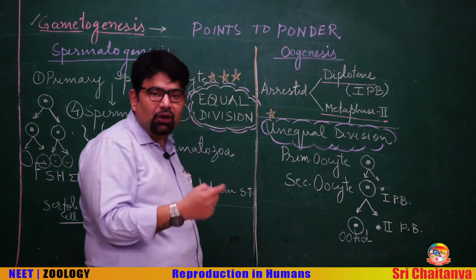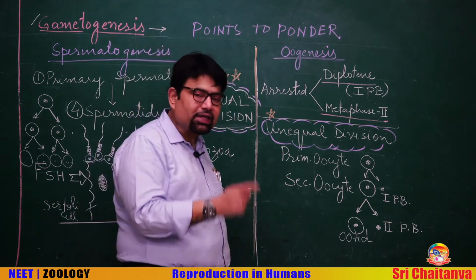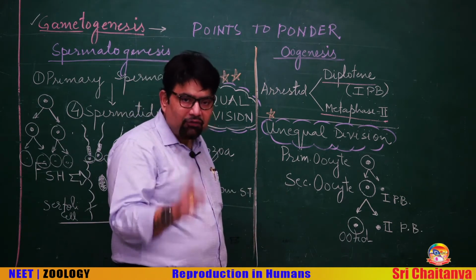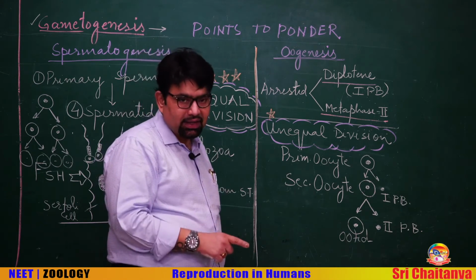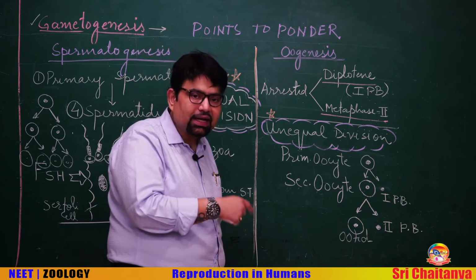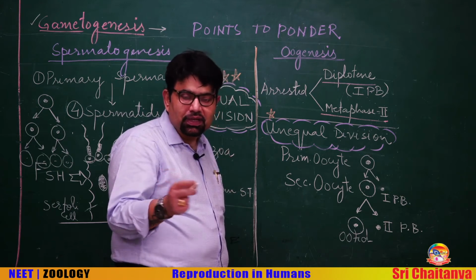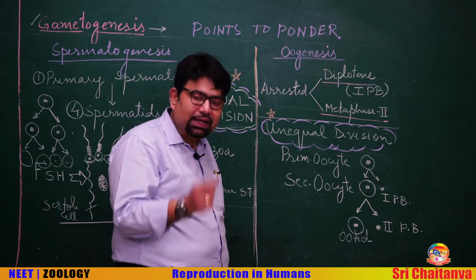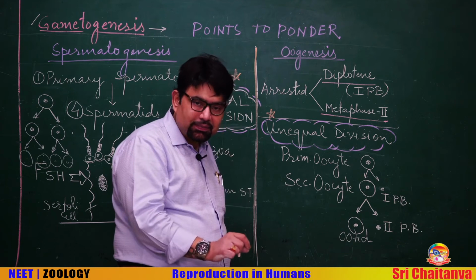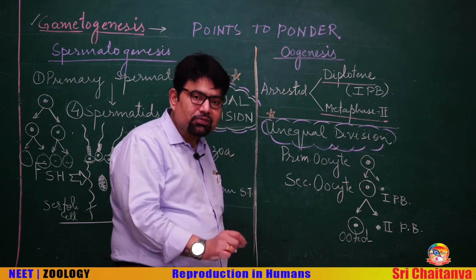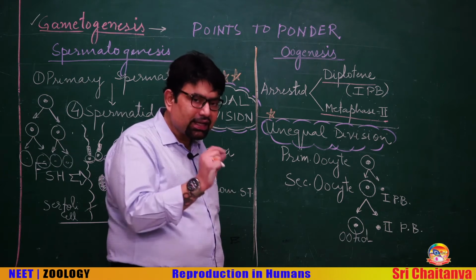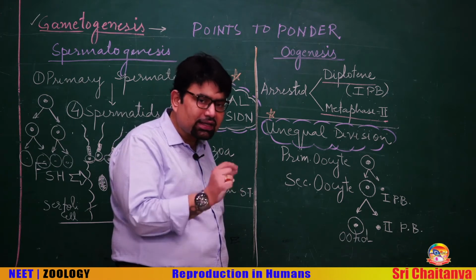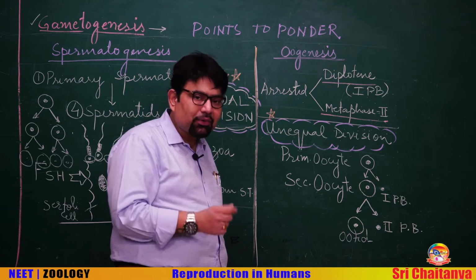Then begins the meiotic second division. Prophase II is completed, metaphase II is completed, but then it is arrested here and remains like that till ovulation. It is released from the ovary in this stage only. Yes, the number of chromosomes is 23, but the C value, the DNA content, has not attained the real haploid status.